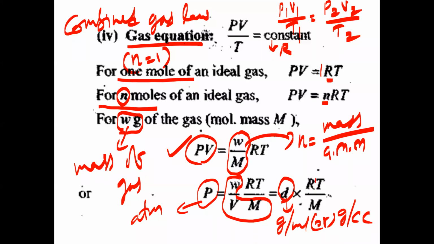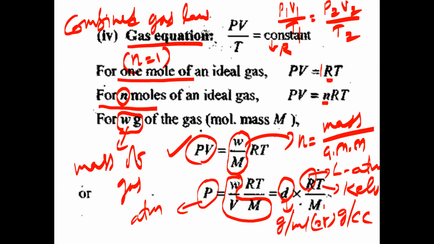And R is generally taken in liter atmospheres: 0.0821 liter atmospheres per Kelvin per mole. T, temperature, should be taken in Kelvin. If centigrade temperature is given, we have to convert it into Kelvin by adding 273, actually 273.15, to the given centigrade temperature.